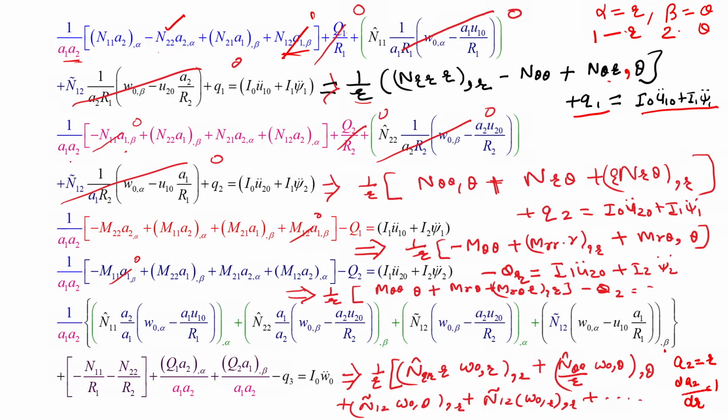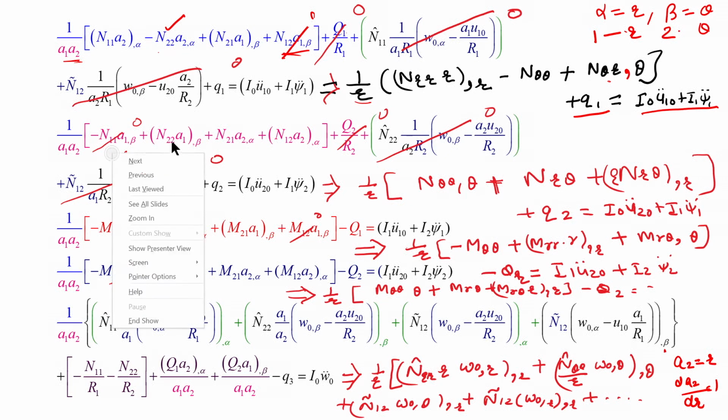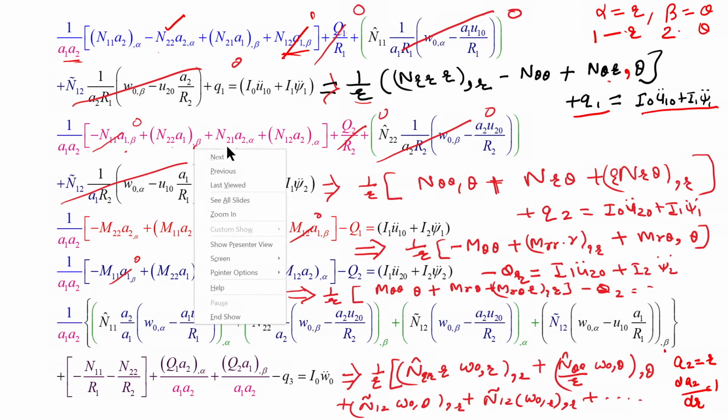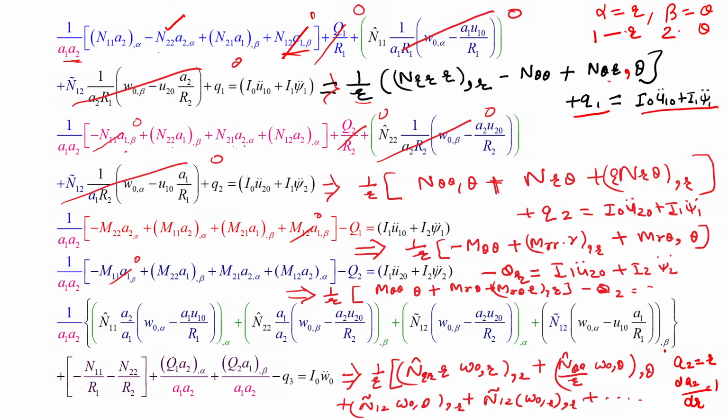Similarly, from the second equation, the first term will not contribute, the second term will contribute, the third term will contribute and the fourth term will also contribute. Let us see, this is n theta theta comma theta. This is n theta r 2 comma alpha, that gives you 1 basically. Then n 1 comma 2.